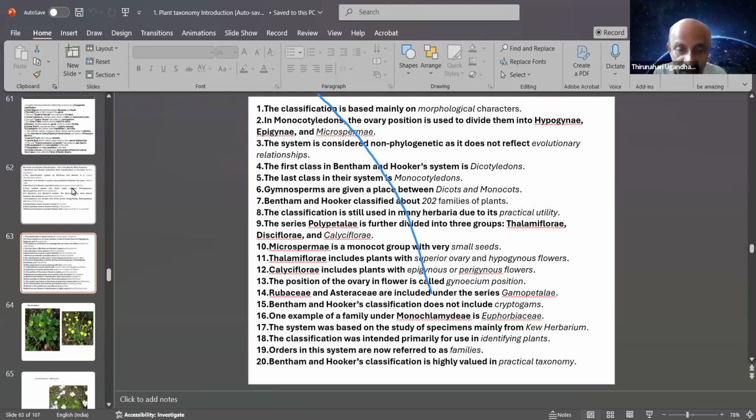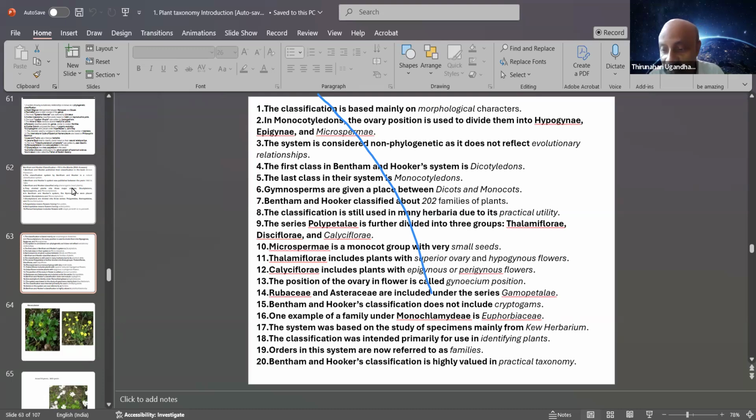The system was based on the study of specimens mainly from Kew herbarium. The classification was intended primarily for use in identifying plants. Orders in this system are now referred to as families. Bentham and Hooker's classification is highly valued in practical use.